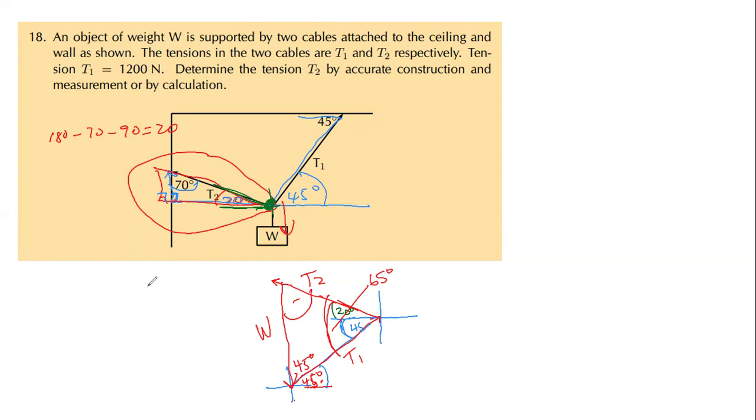It's simple: 180 minus 65 minus 45 is 70. So this angle here is 70 degrees. Now I draw my triangle properly. I'll draw a clean one.